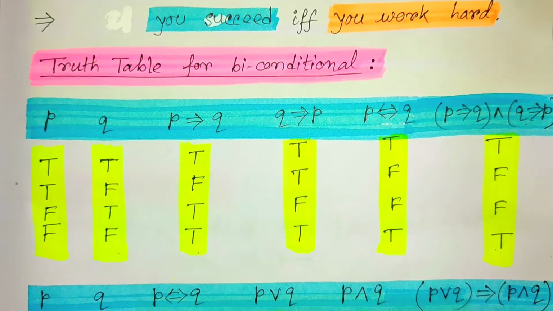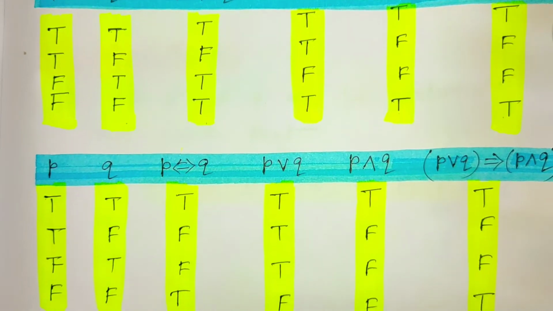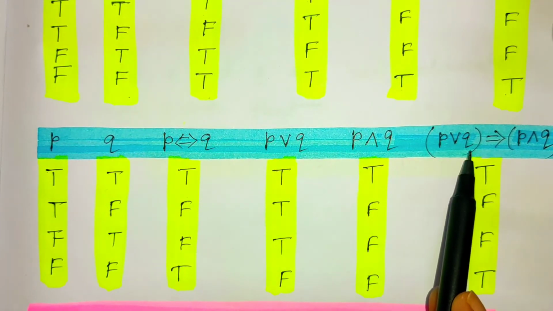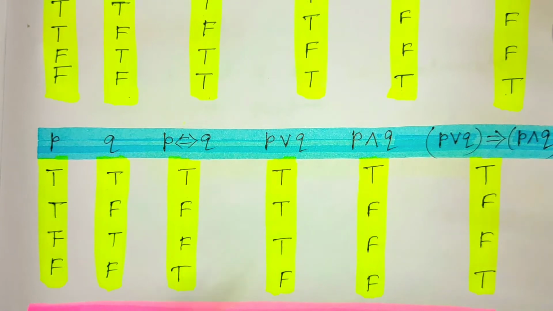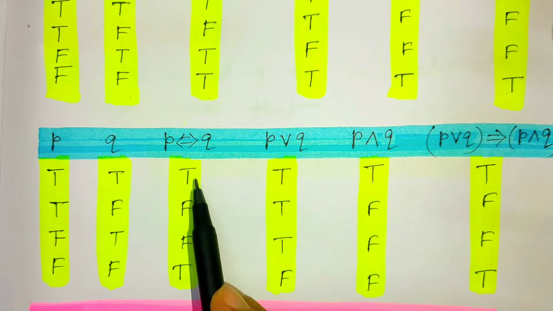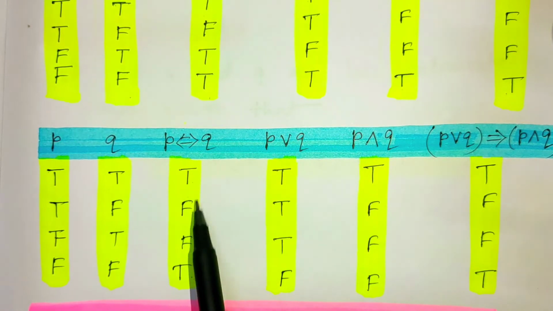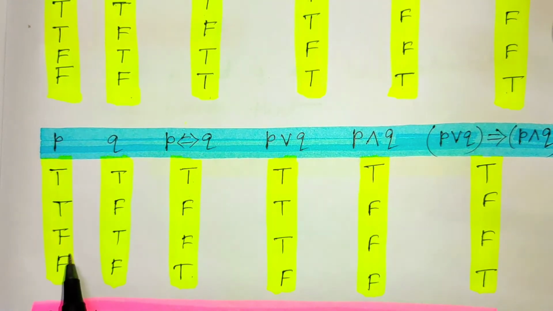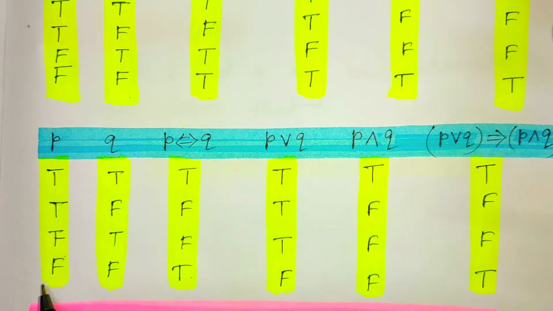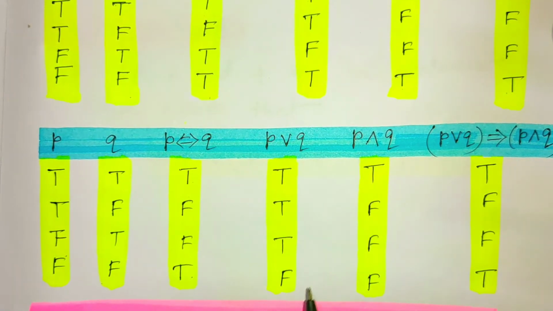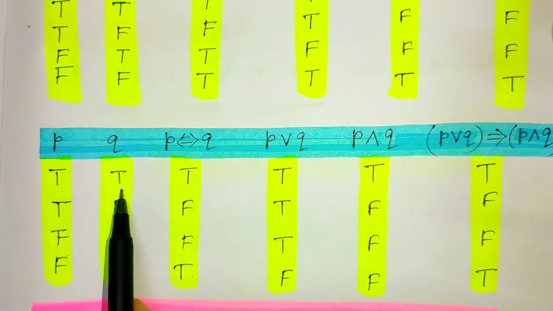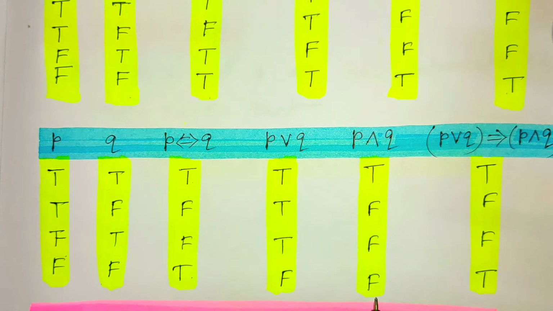Not only that, the biconditional can also be expressed in terms of P or Q implies P and Q. So let us see. Here P and Q are the two propositions, and this is the biconditional operator, that means true, false, false, true for these propositions. Now P or Q is true in all cases, except when both are false, then it is false. And P and Q is true only when both are true, otherwise it is false.